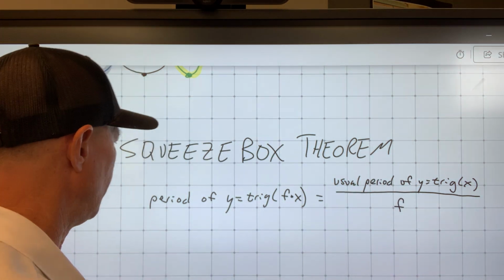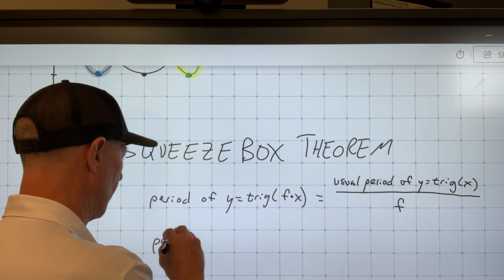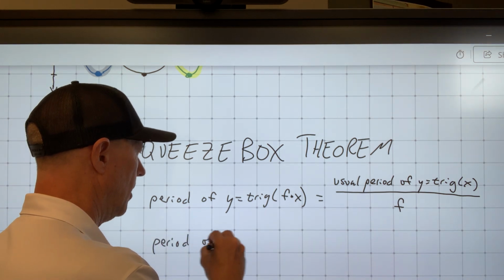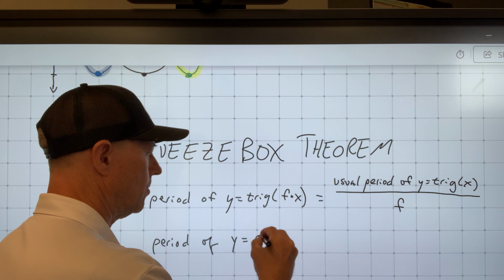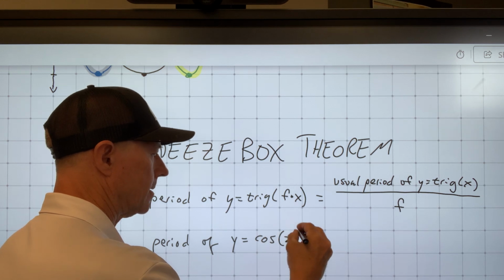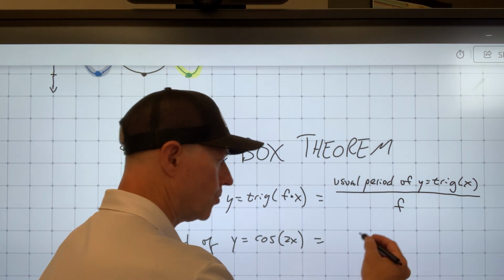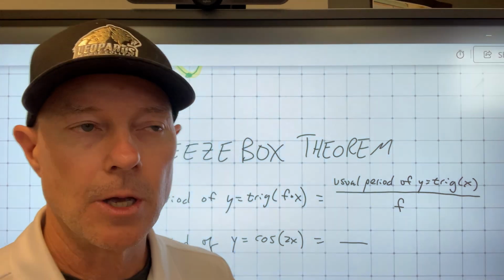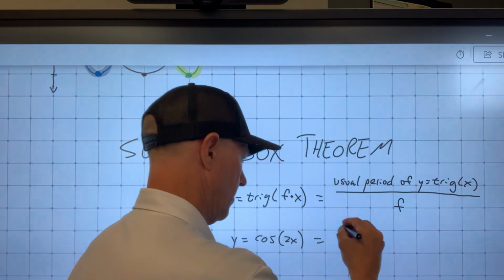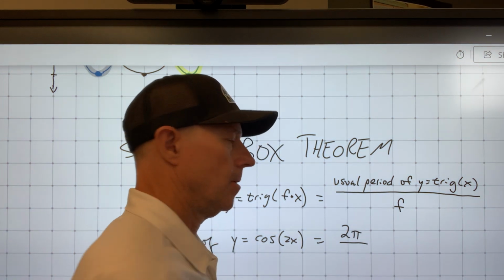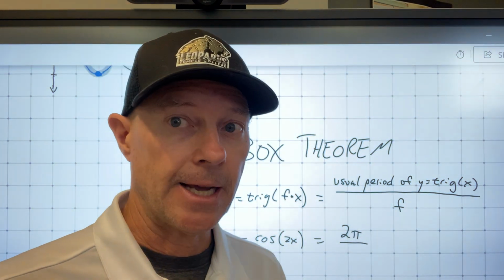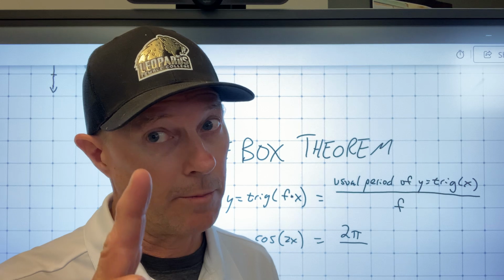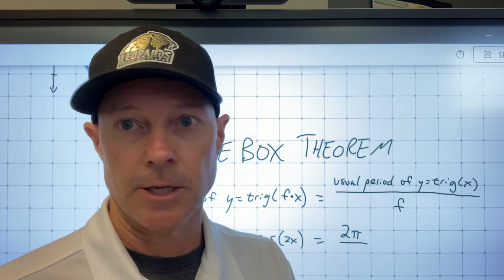So if we do it for the period of y equals cosine of 2x, well, the usual period of cosine and of sine and of their reciprocals is 2 pi. The usual period for tangent and cotangent is just 1 pi because it doesn't involve the radius.